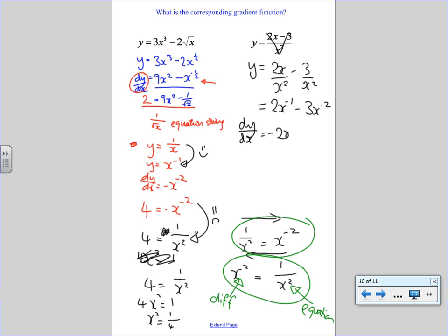Minus 2x to the minus 2 plus 6x to the minus 3. Perfect. And again, if you wanted to solve an equation, probably nicer to write it like that. But you don't need to unless you're told that the gradient is 10 and we're trying to solve it.